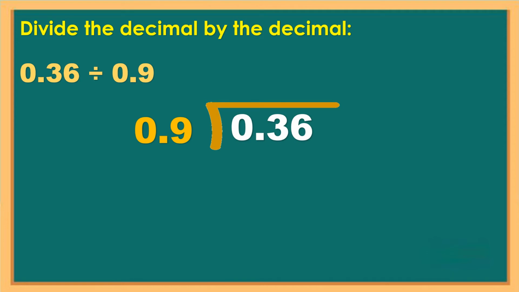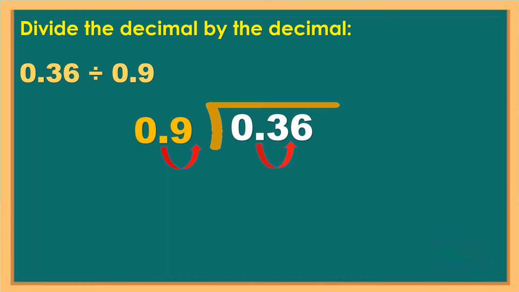Since the divisor, 9 tenths, has a decimal place, we will move the decimal point to the rightmost part of the divisor. So we have one move to the right. Since we moved one decimal place in the divisor, we will also move one decimal place in the dividend.